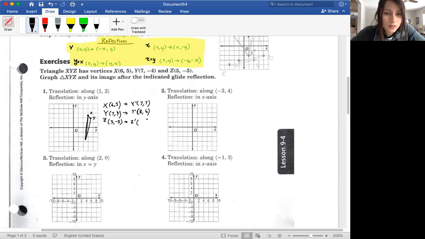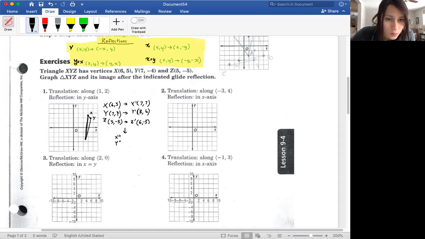I'm putting a little mark there to show that it's gone through one translation or one transformation. These are my points after I've added 1 to the x values and 2 to the y values. I don't need to plot this yet because my next transformation is the reflection.